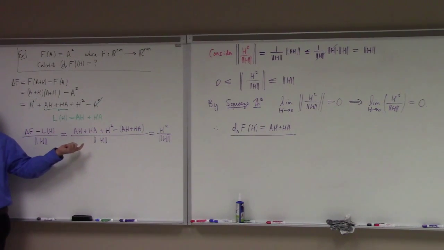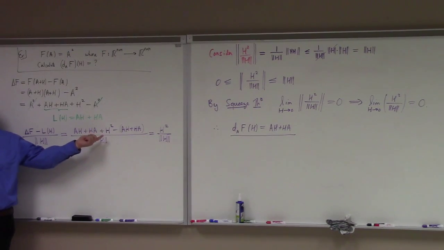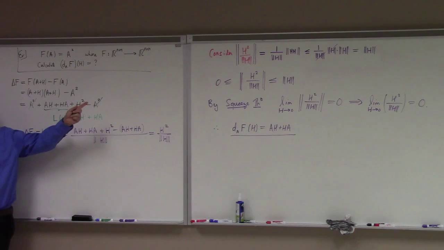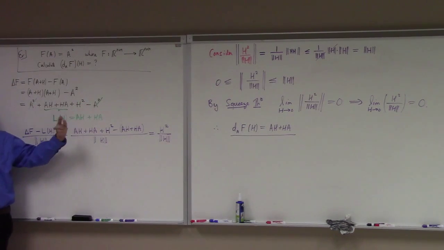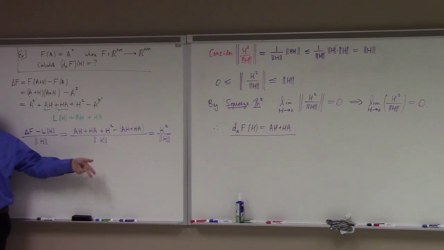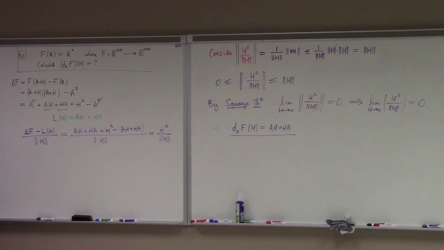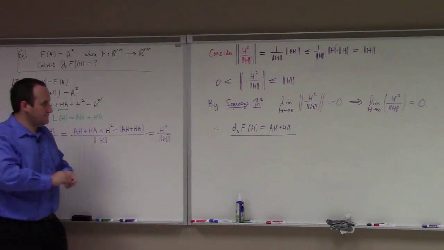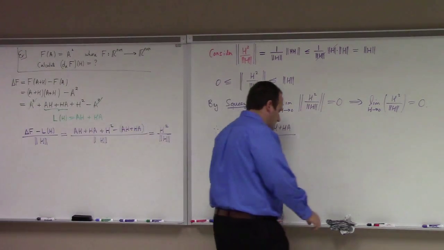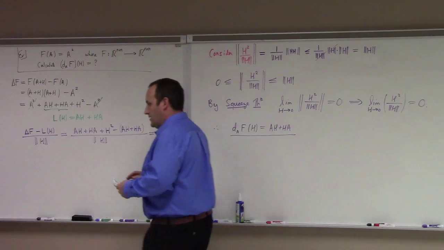That will be the differential. That's what it boils down to. Everything else will have some higher power of h, which when you feed it to the Banach inequality will give you at least one leftover h in the numerator, which then tends to 0 by the squeeze theorem argument. Any questions?